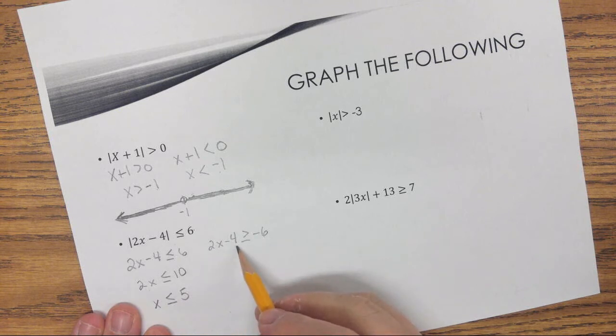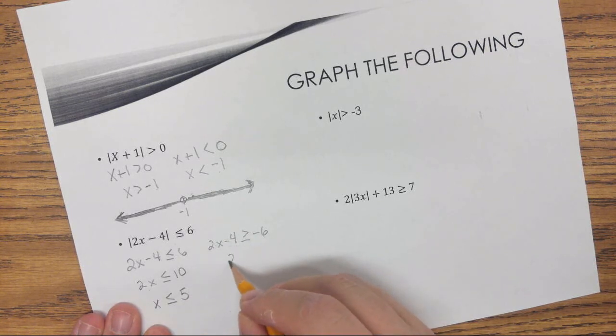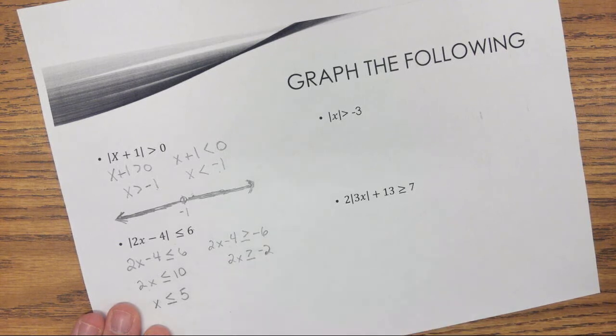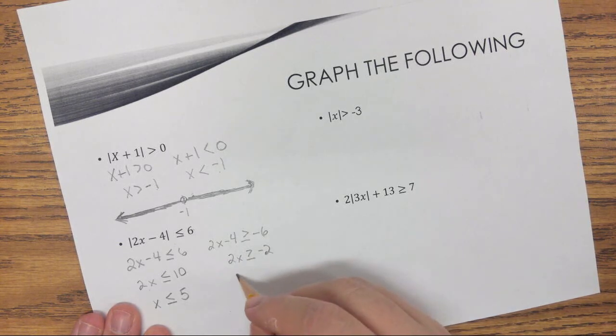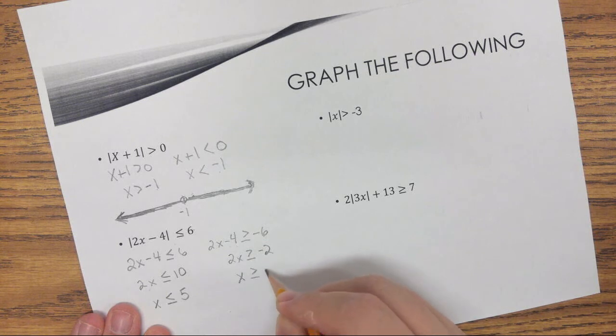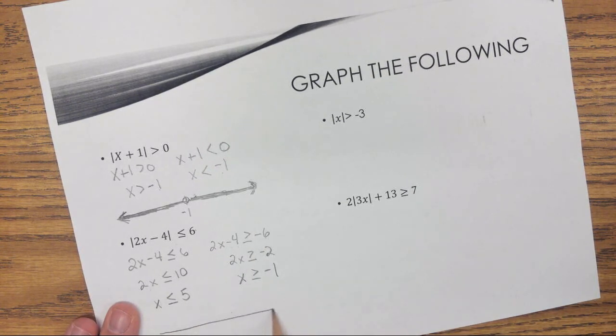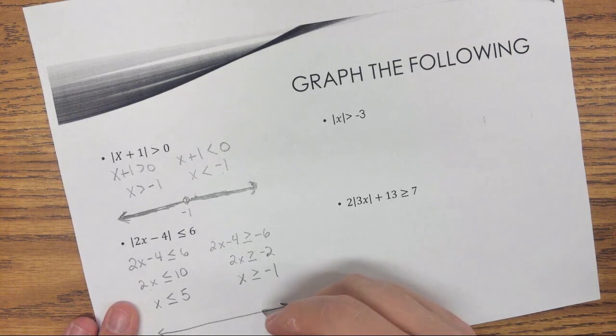Okay, look at this one. Add 4, I get 2x is greater than or equal to negative 2. Divide by 2, I get x is greater than or equal to negative 1. Do our graph. Got 5 up here.